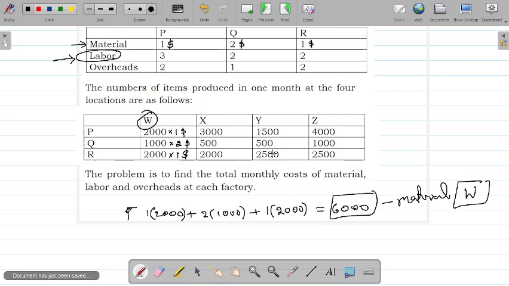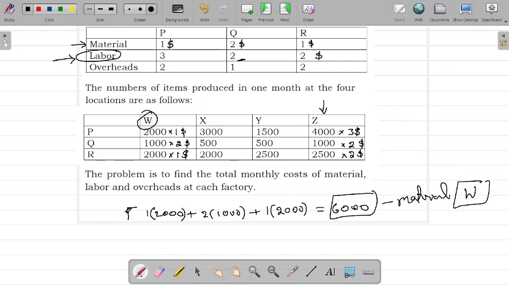Similarly in Q you need to spend $2 for each, and you are producing 1000. And in R you need to spend $2, and you are producing this many. So you take the sum of them, and then you can know the amount of money you need to spend on labor in this Z.